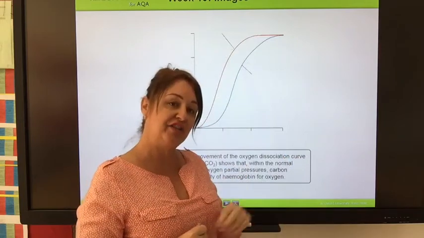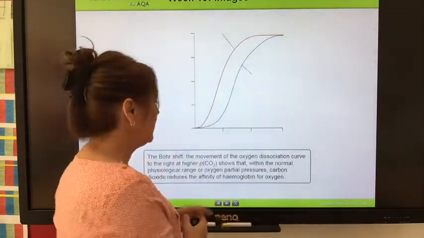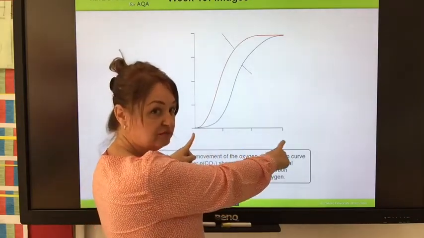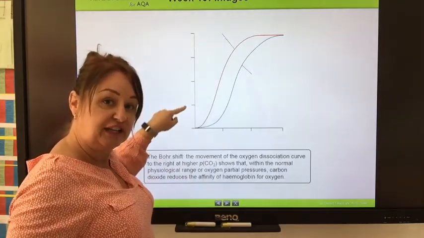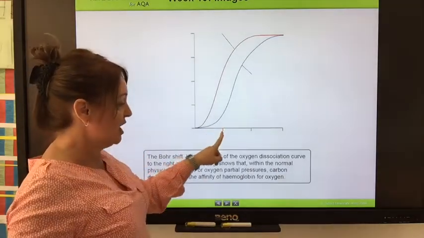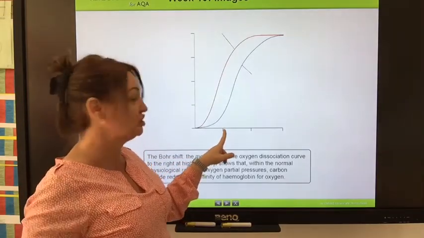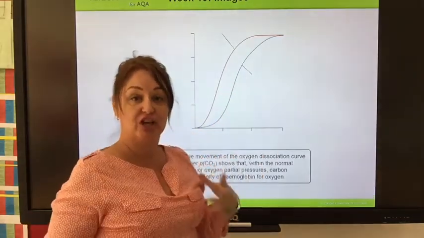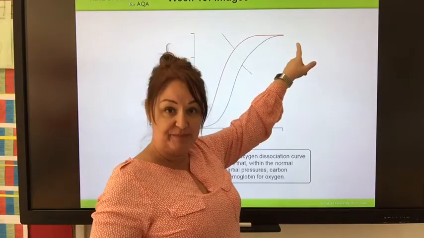So let's have a little think what this curve actually means and what it actually shows. Remember this is our partial pressure of oxygen and this is our percentage saturation of haemoglobin. Let's just work on this level here of partial pressure of oxygen, and let's imagine that this red line represents the normal dissociation curve.